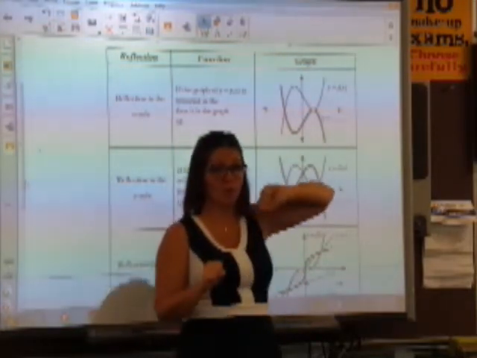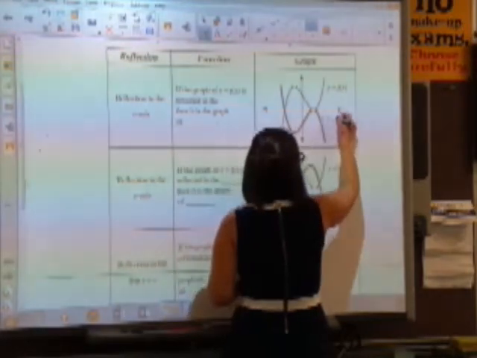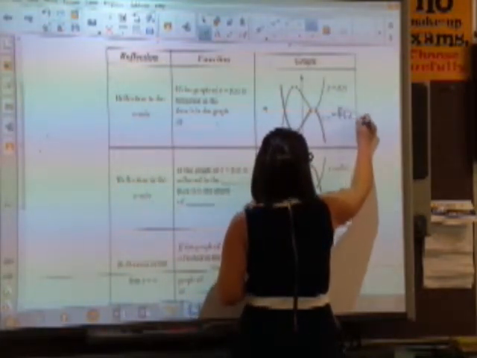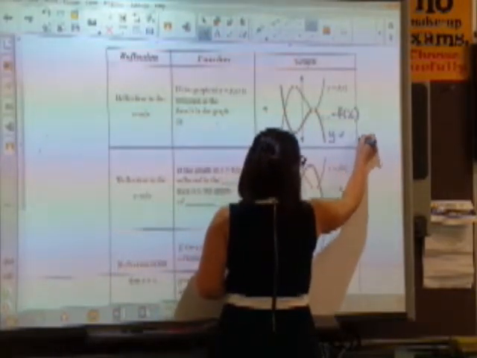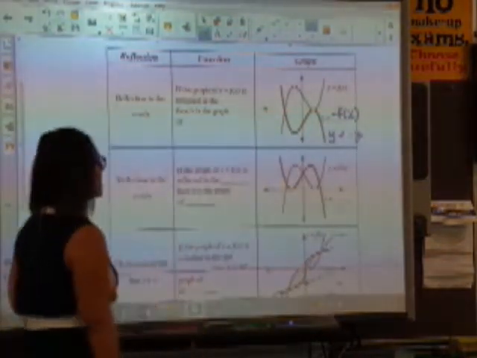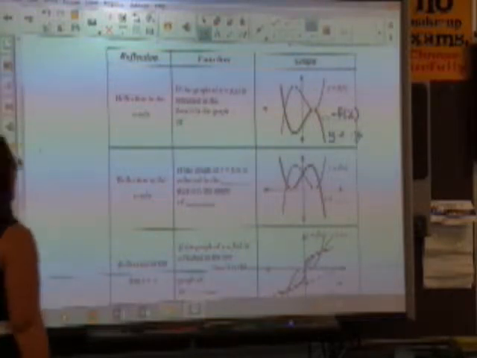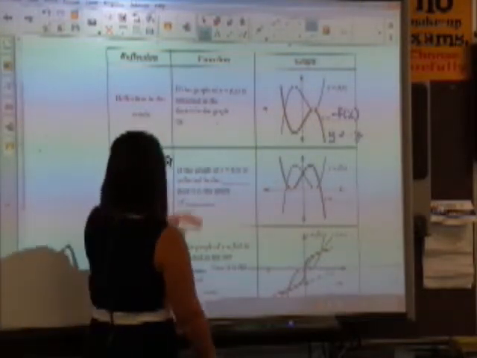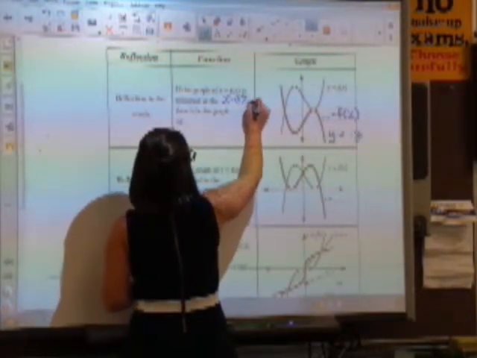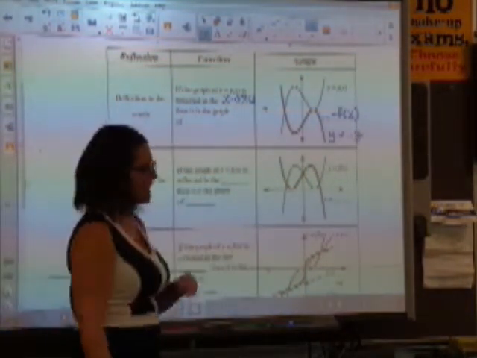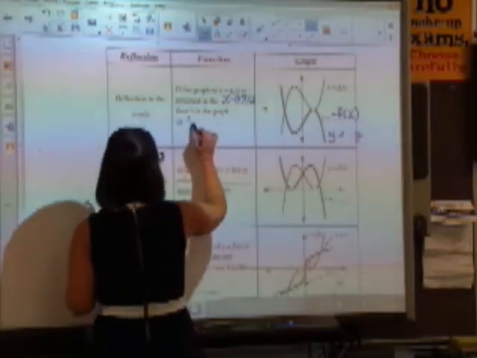The y coordinates are what is impacted. So my equation is y equals negative f of x, because my replacement was replacing y with a negative y. So if the graph of y equals f of x is reflected in the x-axis, then it is the graph of y equals negative f of x.